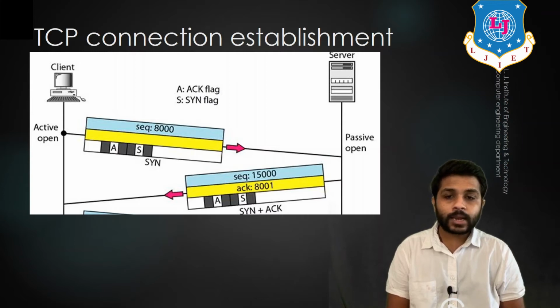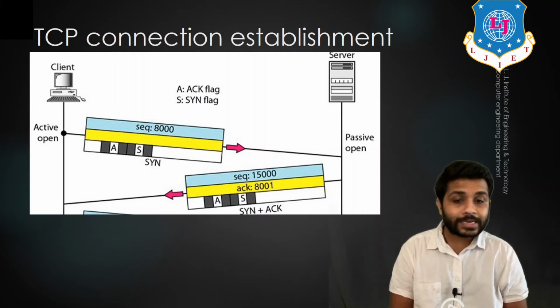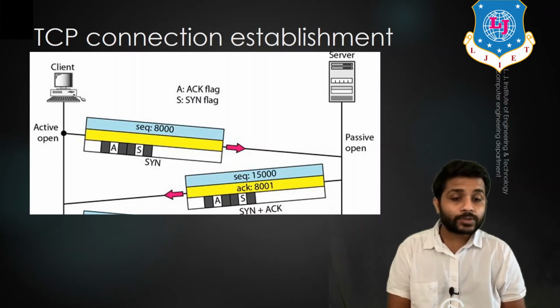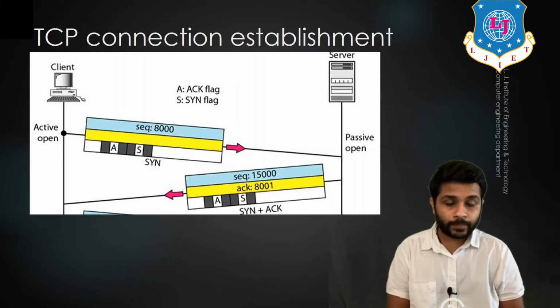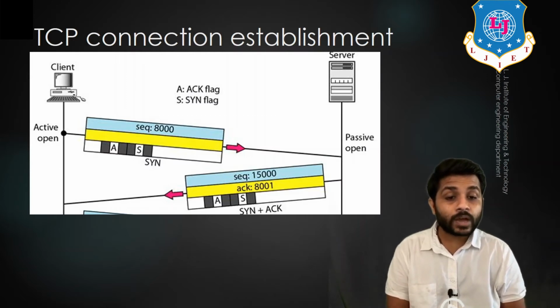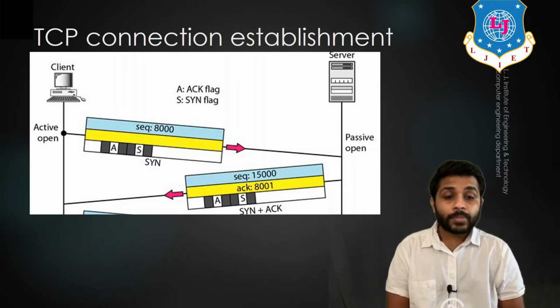So the client has sent sequence number 8000, and the server has replied with ACK 8001. But at the same time, the server has sent the sequence number 15,000. Why? Because the server is now sending its own packet with its own sequence. So the server will follow its own sequence and the client will follow its own sequence.